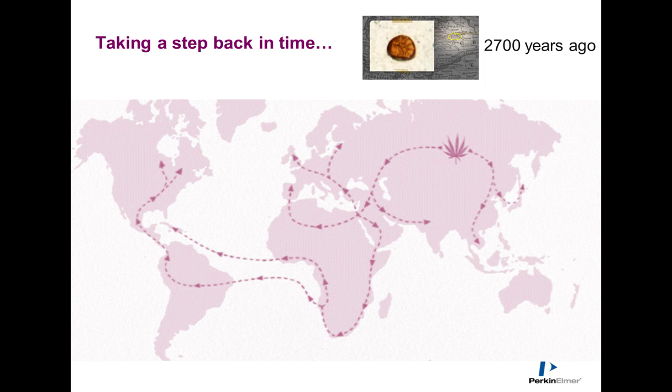Starting from the very beginning, and this predates me, but approximately 2,700 years ago, cannabis was first seen or identified in Asia. Since then, through various channels, it's circulated the globe. And now, in a number of countries, it is in a legal capacity.